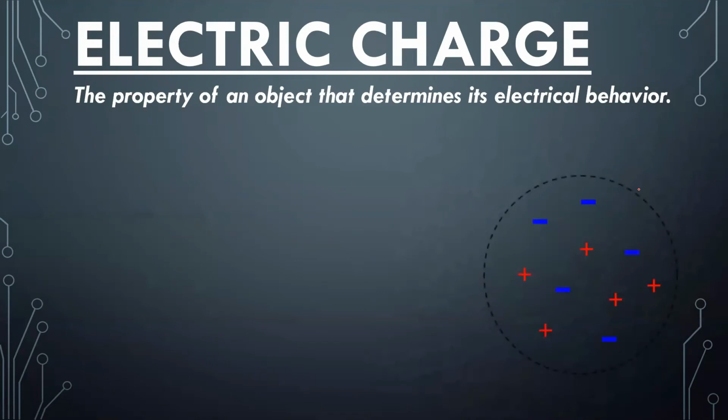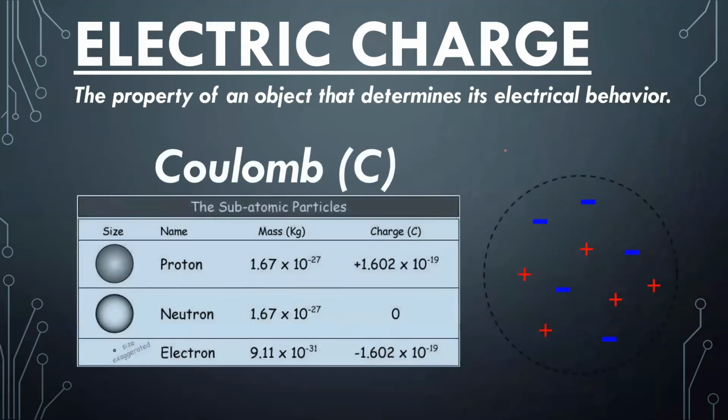The unit for these charges is the coulomb, with the symbol capital C, and these are the mass and the charges of each subatomic particle, or each part of atom.